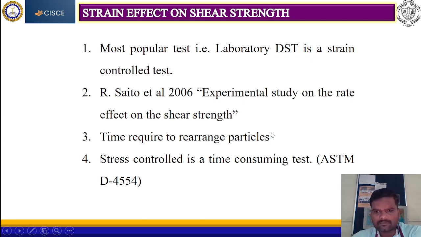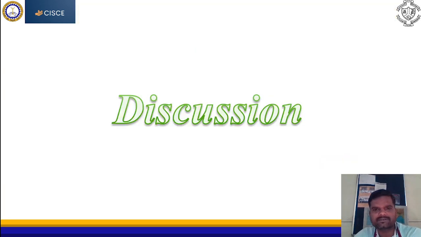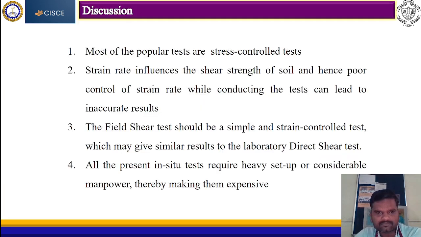Whatever tests we saw in earlier slides, almost all of them are stress control tests, including the ASTM test and the IS code test. So all the popular tests are stress control tests, and yes, there is a considerable strain rate influence on the shear strength of soil.